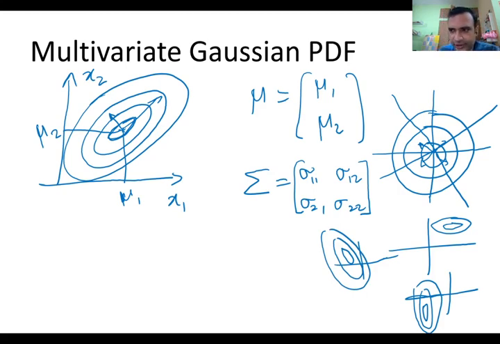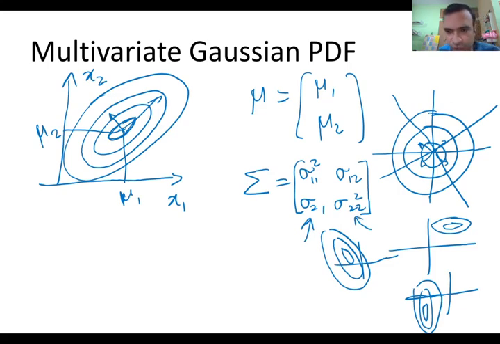So what's the entire formula? Sorry, these are squares. These are the cross covariance terms, and these are the variance terms of the individual variables.